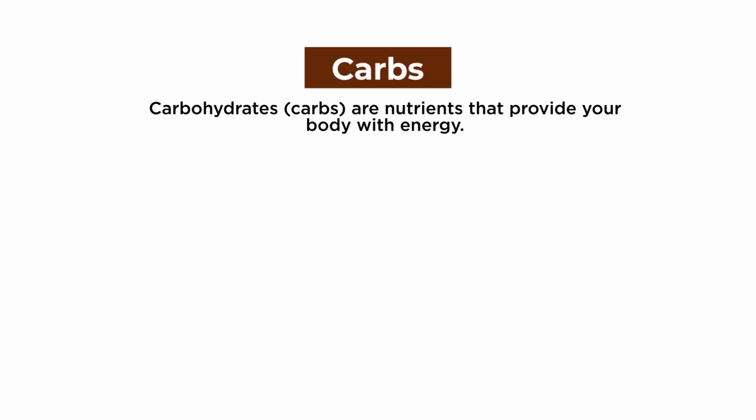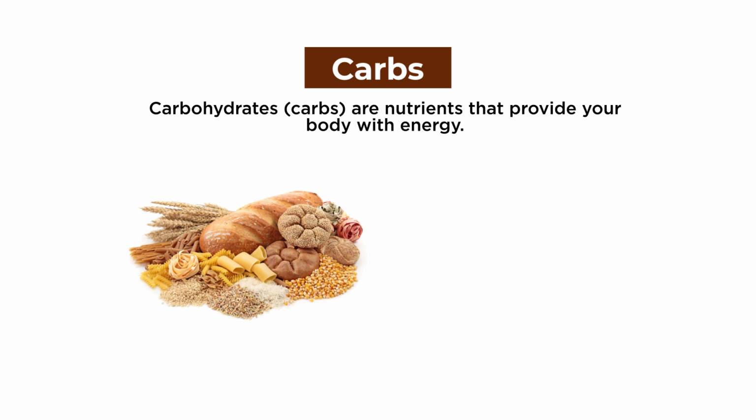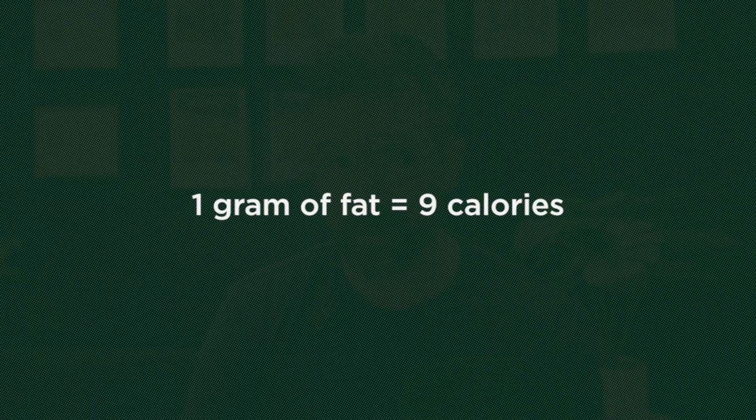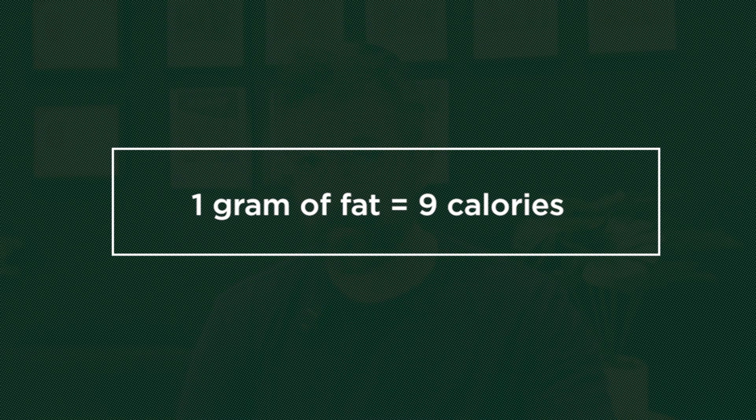Carbs, most of you know, that's going to be like your rice, again, your beans, breads, pastas, fruit drinks, candy. So that's your carbs. Lastly is going to be your fats, which is 9 calories per gram. So more than double the amount of calories per gram, which is not necessarily a bad thing, but that's very important to know.